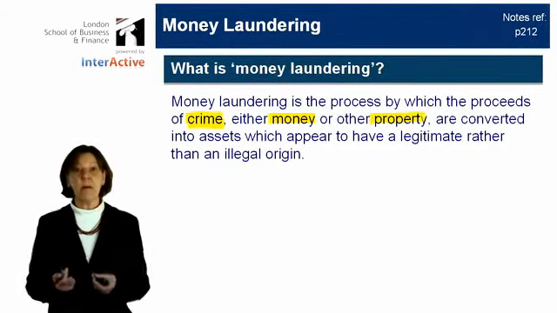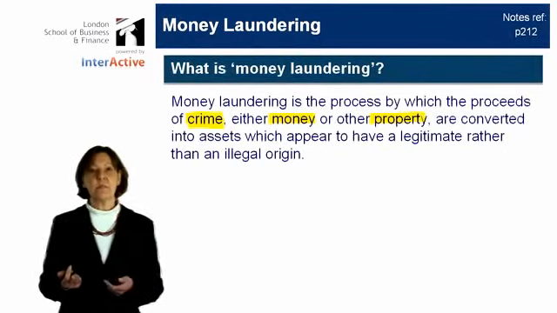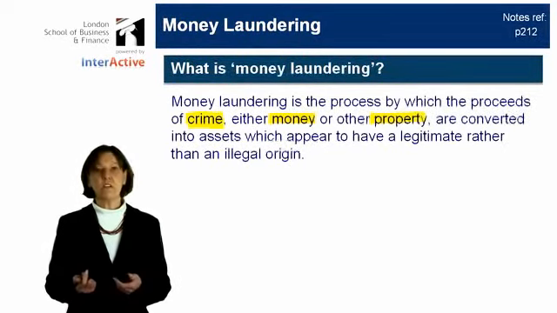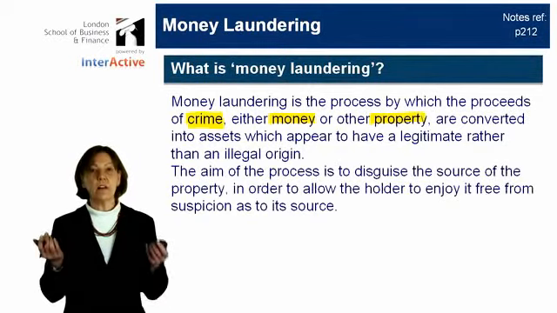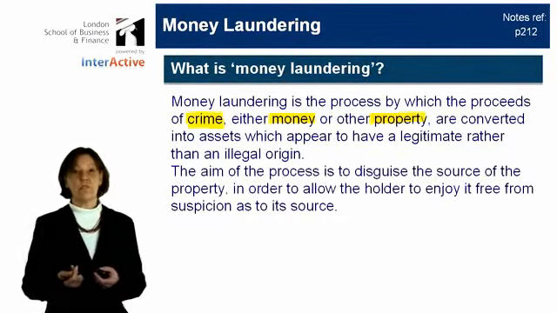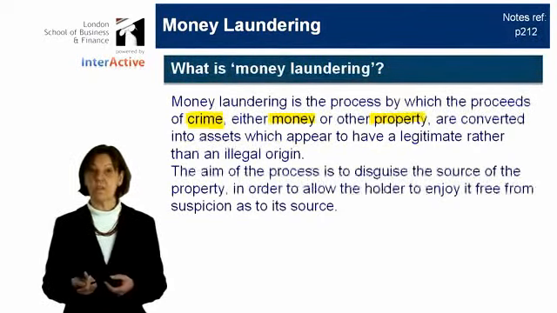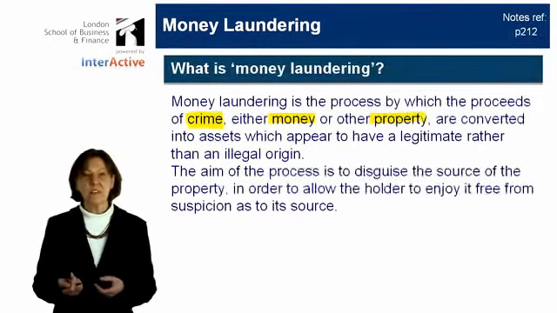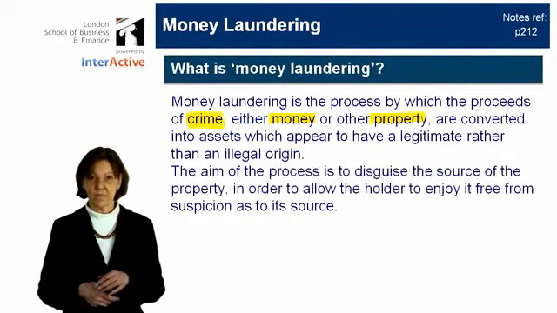Diamond necklace stolen in a burglary, for example. Are converted into assets which appear to have a legitimate rather than an illegal origin. And of course the whole aim of the process is to allow the holder to enjoy those proceeds free from suspicion as to where he got them from. As we said earlier, it's washing dirty money clean, or dirty property clean.